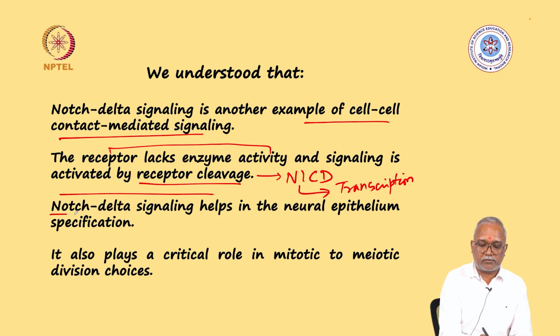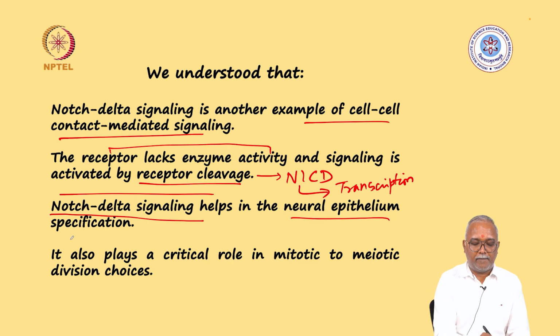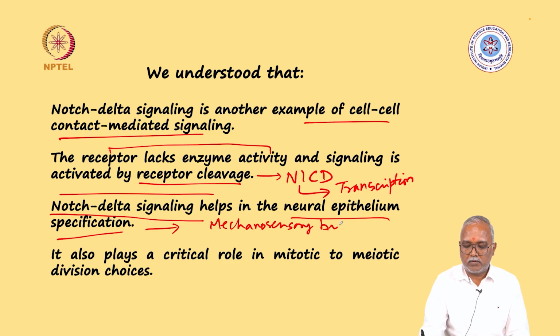Then we have seen examples of how this signaling is important for neural epithelium specification. It was important for Drosophila mechanosensory bristle, basically socket or sheath cell identification.